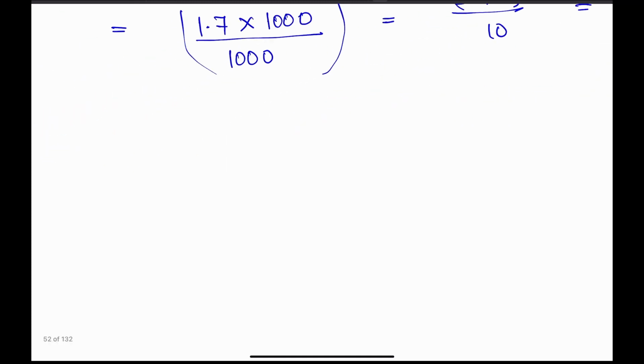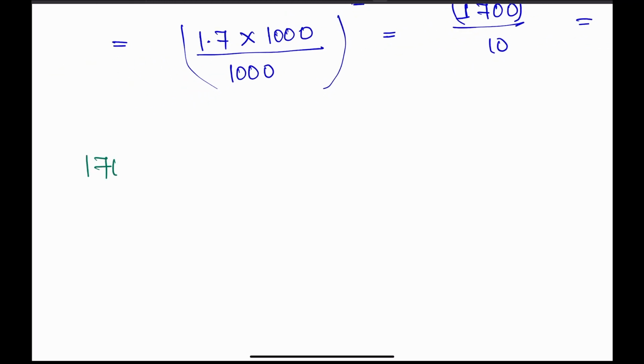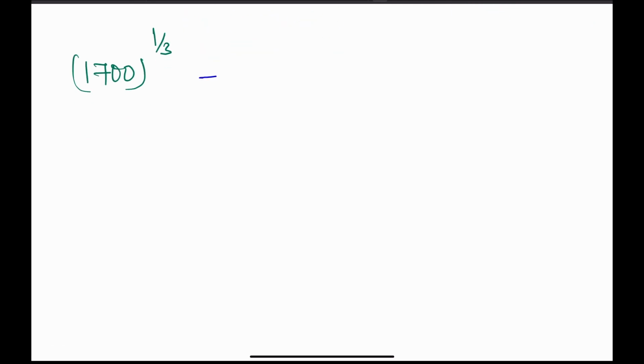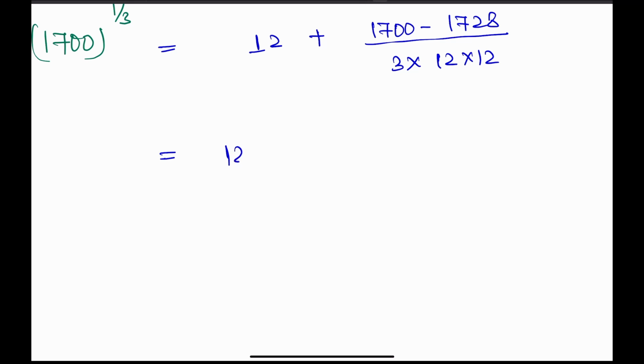Okay, so first task is, 1700 to the power 1 by 3, we need to find the value. So we already know 12 is near 1728. So 1700 minus 1728 divided by 3 into 12 square, what is 12 into 12, let's just write. So it will be 12 plus, or it won't be plus, it will become minus 28 upon 3 into 12 into 12.